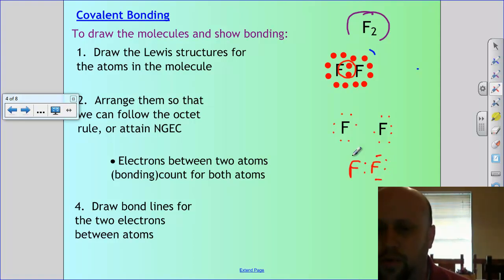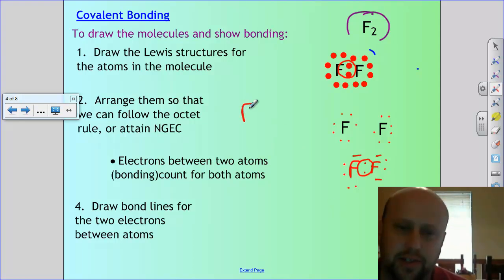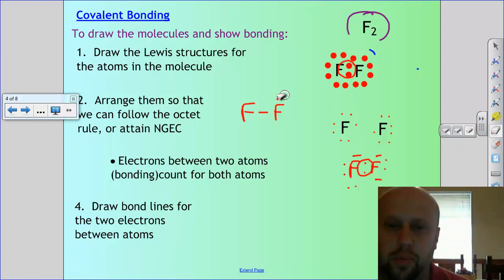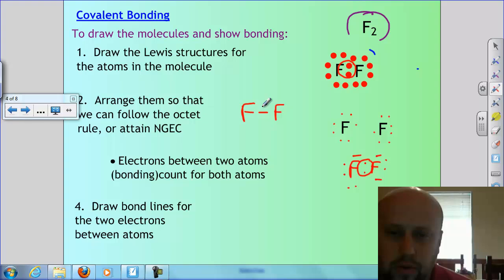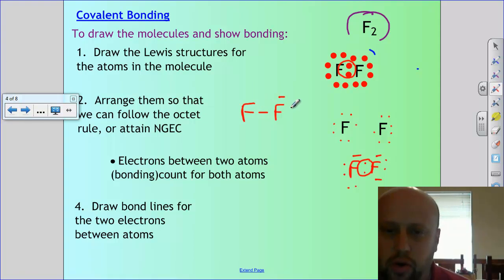Now we're going to call those 2 electrons in the middle shared electrons, and that forms a bond. And so the way that we write that is like this. A bond is the 2 electrons that are shared in between them, those right there, those are the 2 electrons that make up a covalent bond. So that is what we're going to call a single covalent bond.